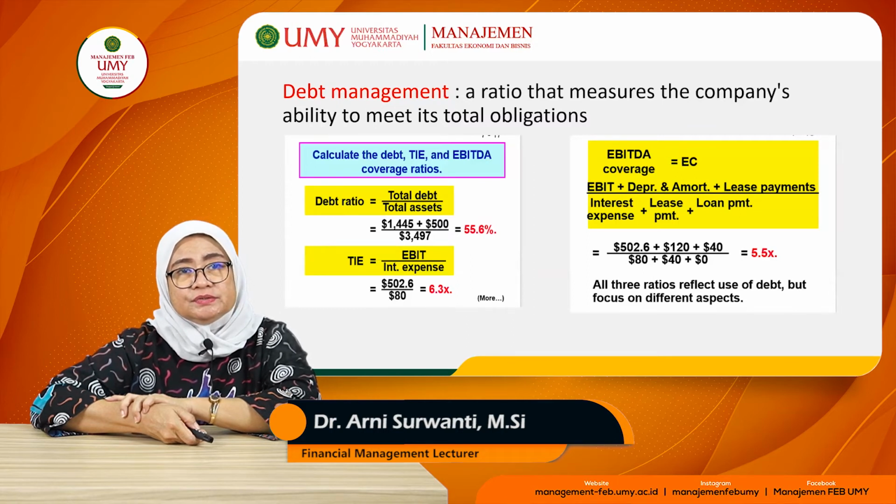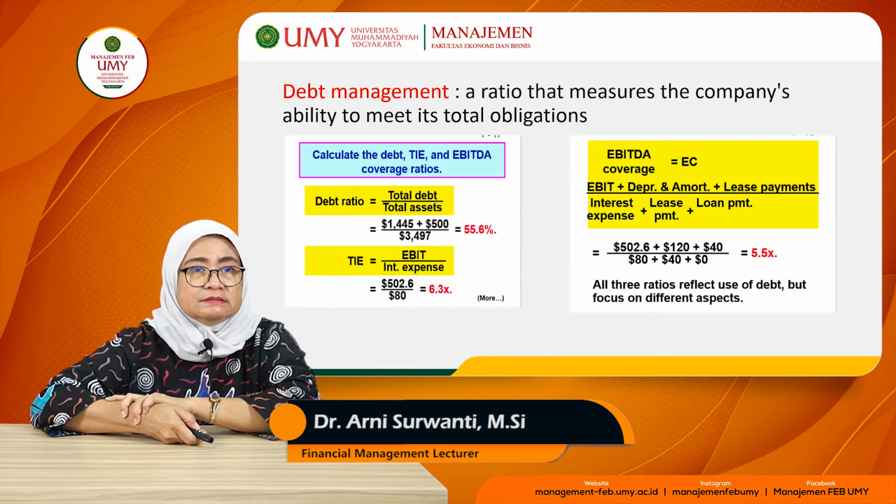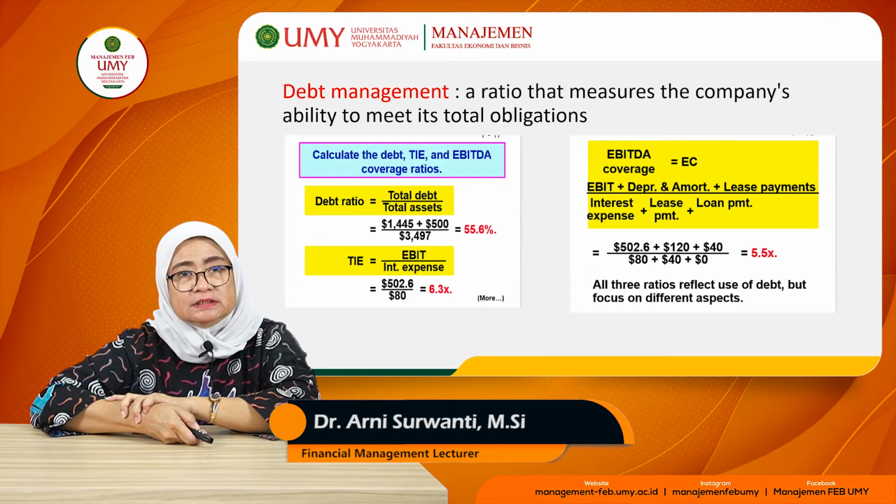We can also use EBITDA coverage. EBITDA coverage is earnings before interest and tax plus depreciation and amortization and lease payments, divided by interest expenses, lease payments, and loan payments.